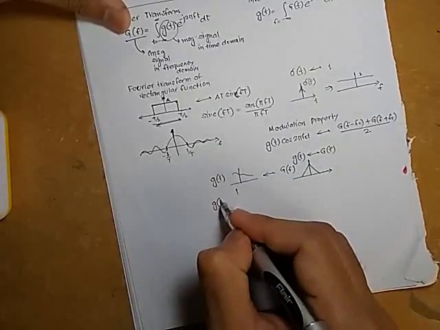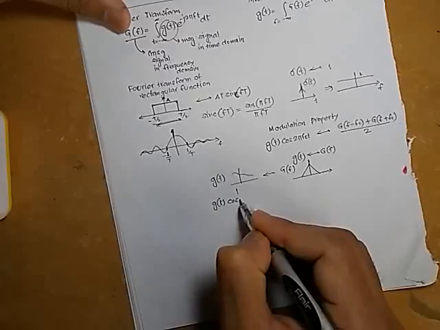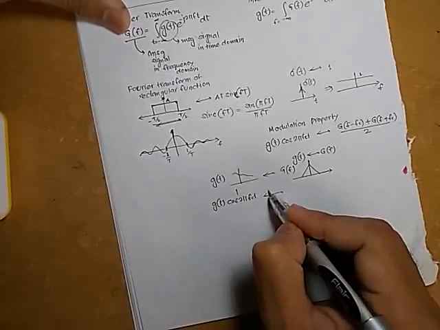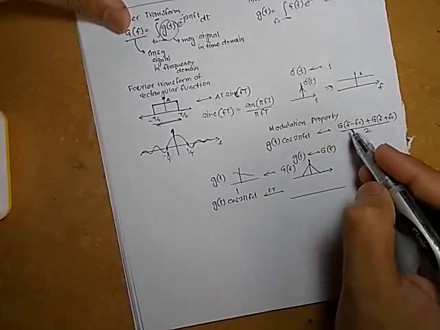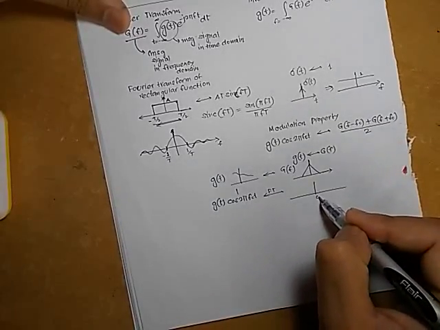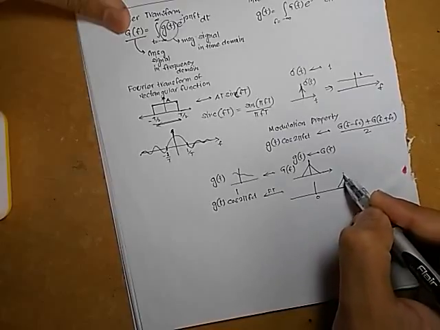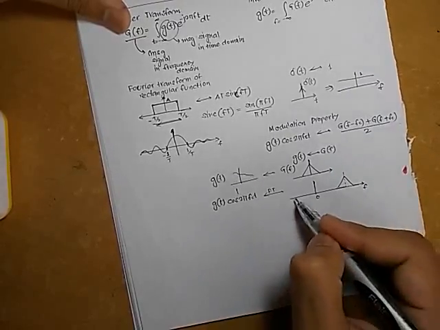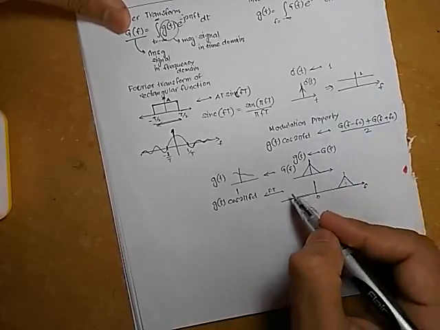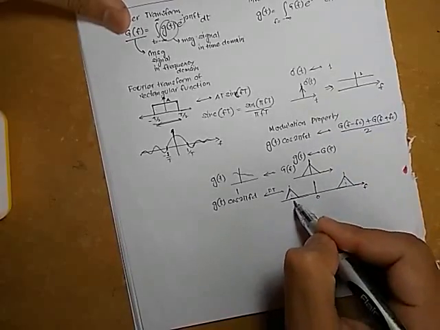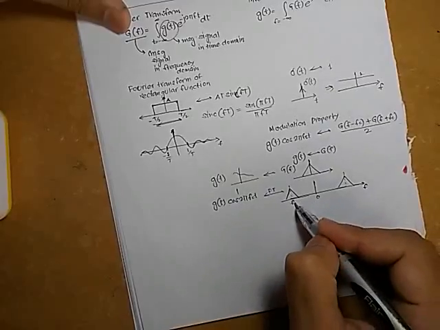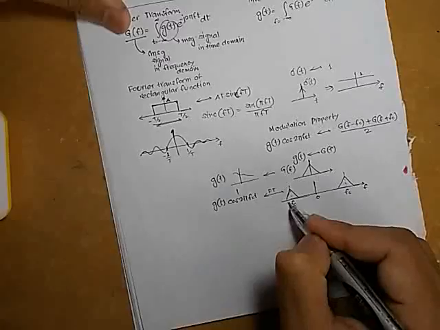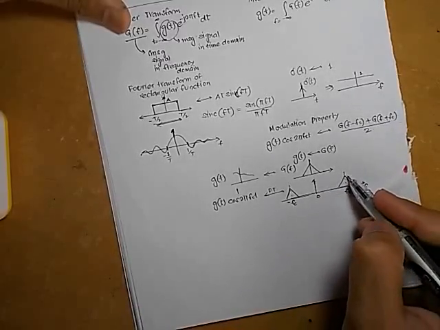Then for g of t times cos 2 pi fc t, the Fourier transform has G of f minus fc, shifted to the positive half of the frequency axis, and G of f plus fc, shifted to minus fc.